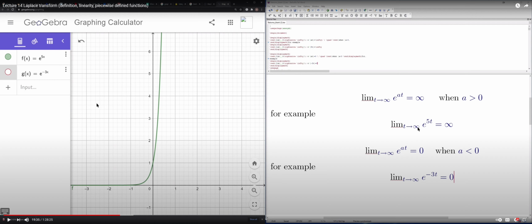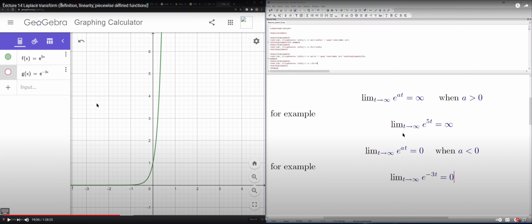So one thing you want to note is that if you have an exponential function in this sort of form, and the coefficient in front of the t is positive, the limit as t goes to infinity is going to be equal to infinity.